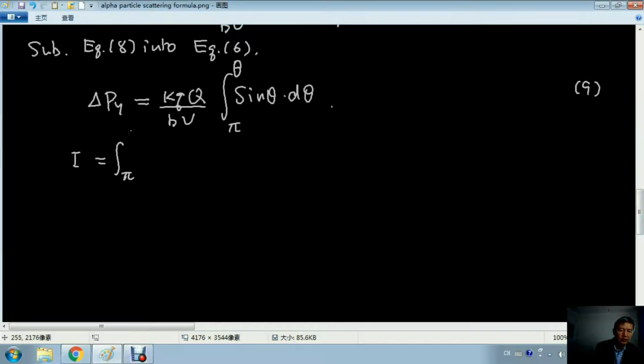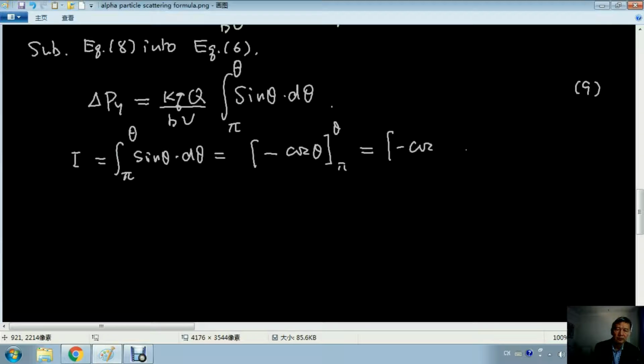The integral from pi to theta of sine theta d theta will simply equal negative cosine theta, from pi to theta. So that will give us cosine theta minus negative 1, and that will give us 1 minus cosine theta.